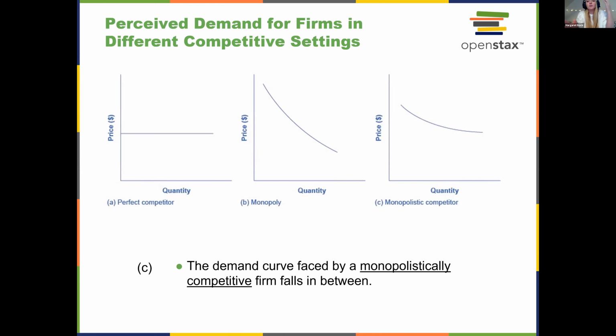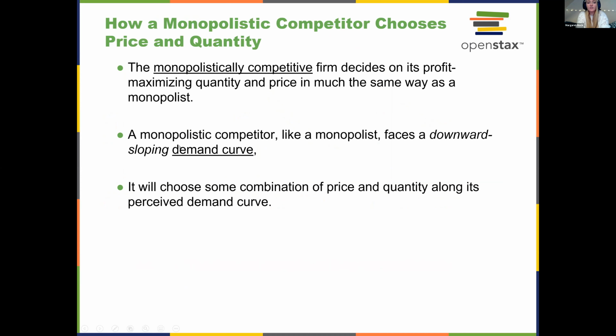Because this monopolistic competitor faces a downward sloping demand curve, the monopolistically competitive firm decides on its profit maximizing quantity and price in much the same way a monopolist does. So it's going to choose some combination of price and quantity along this perceived demand curve.